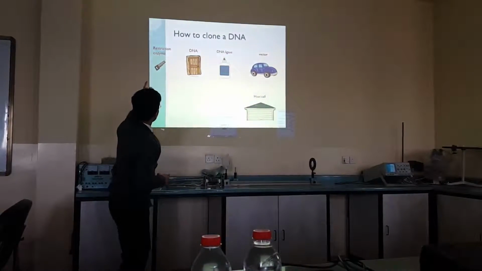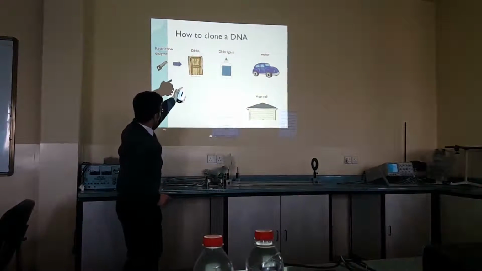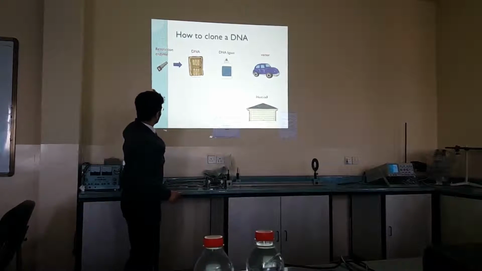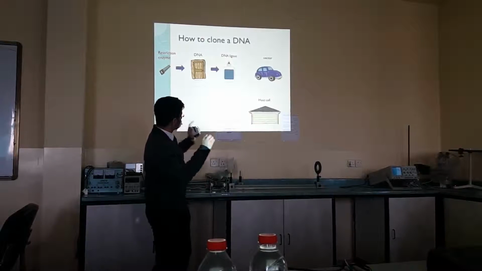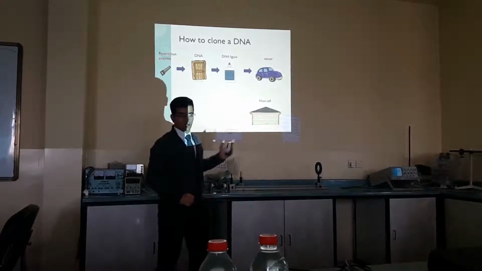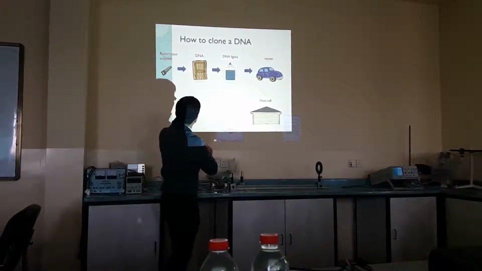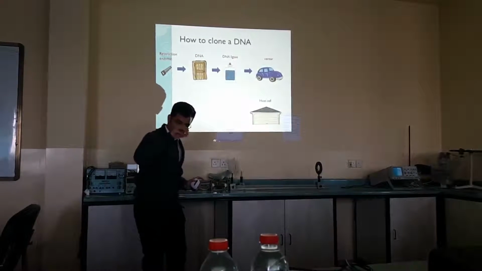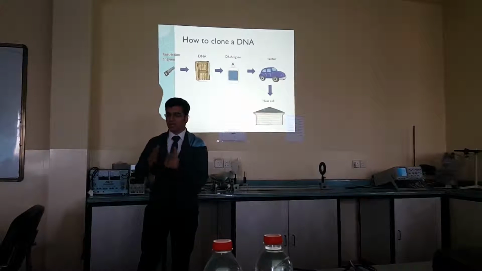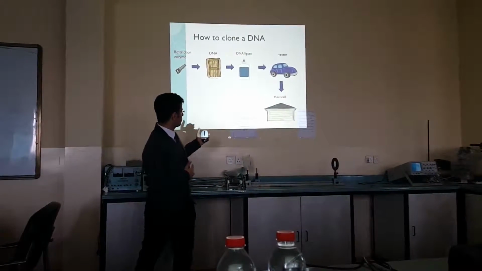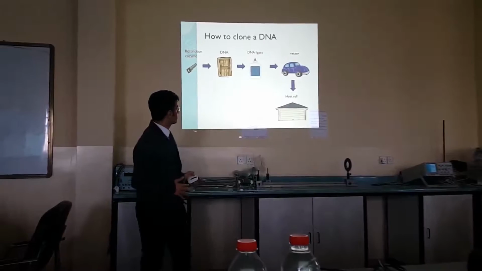Our story is to cut the door with the saw. Then we use the glue, which is the DNA ligase, and stick it to the car. Then we move the car with the piece of door into the garage. So we made DNA cloning. I hope that you find that useful.